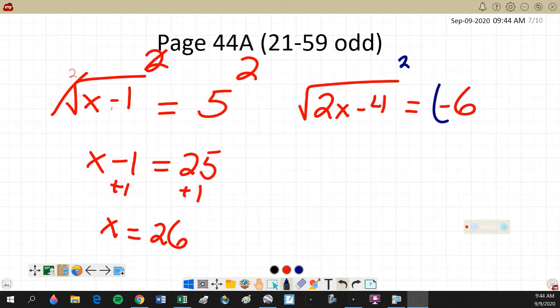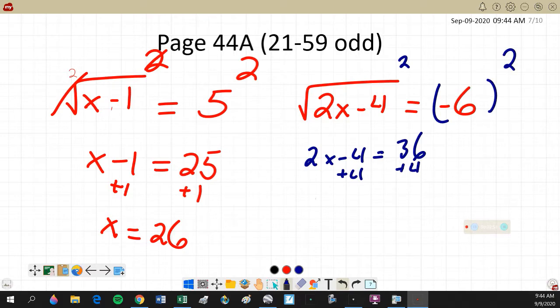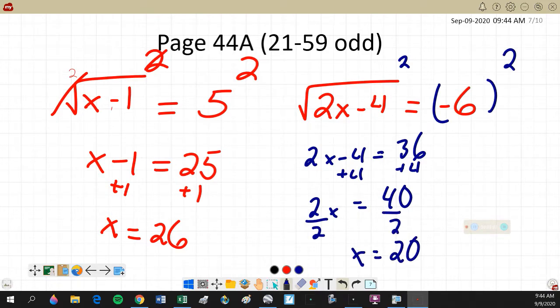Square both sides. 2x minus 4 equals 36. Add 4. 2x equals 40. Divide by 2, and I get x equals 20. Easy enough, right?